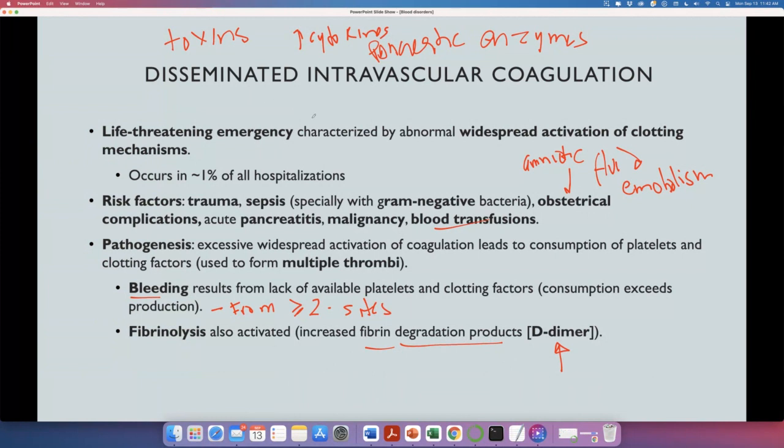How are going to be the findings? They are going to have elevated bleeding time. They are going to have prolonged PTT, prolonged PT. They are going to have low platelets. They are going to have low fibrinogen.